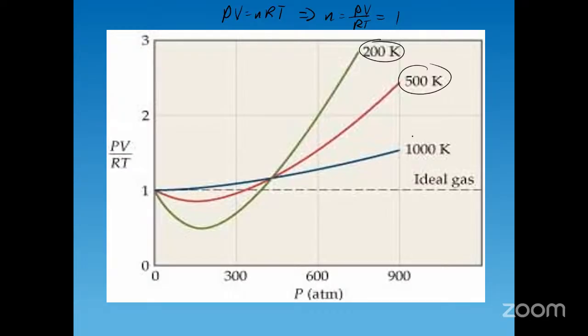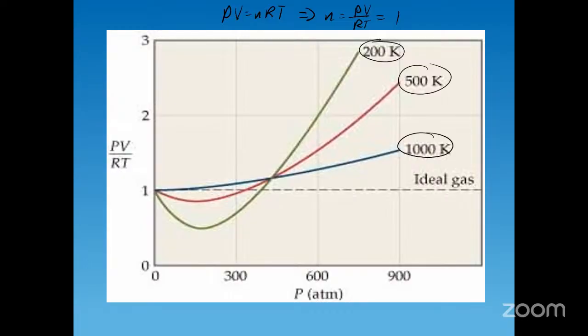And if you increase the temperature to 1000 Kelvin, the blue line is what you end up with. So if you notice, as the temperature increases, the curve flattens. It becomes more and more like the straight line, the ideal. So this is what is observed when you increase the temperature of a gas. It becomes more and more like the ideal gas.